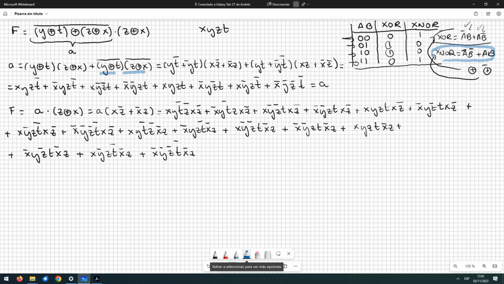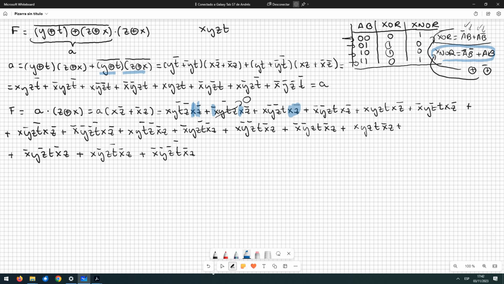For example, here we can get rid of both these variables by the idempotent law. Here we have the x and the x negated, so it's going to be 0. Here we can get rid of the x and the c negated because it's repeated.